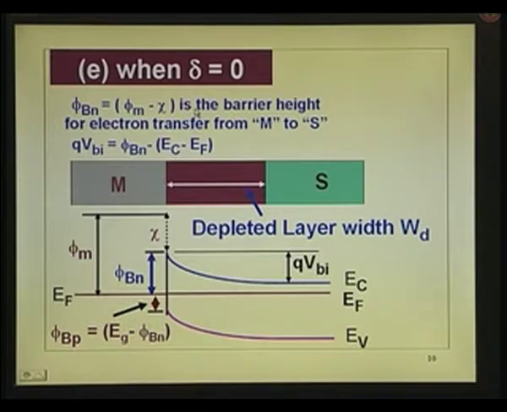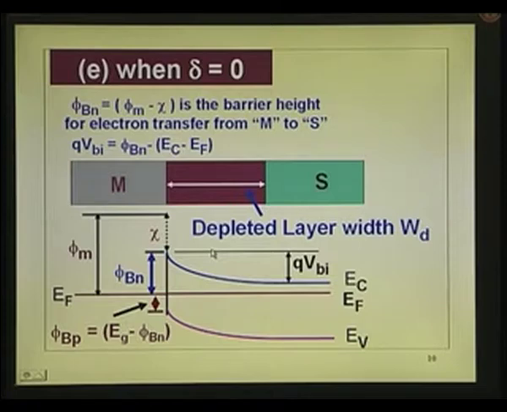Chi is fixed by the semiconductor and is independent of doping; it depends only on the work function. The built-in potential, in addition to phi_bn, depends on E_c minus E_f, which is actually the doping level.